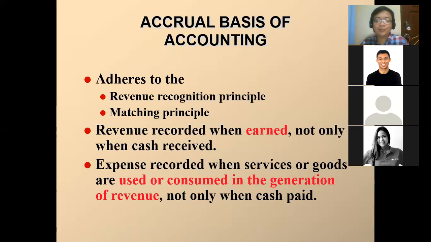So, meaning, pag nagamit na, naubos na, the supplies will become expense. That's why when the asset is used or consumed already, you will now recognize it as part of your expense. What is the entry for that? Debit supplies expense and credit supplies.